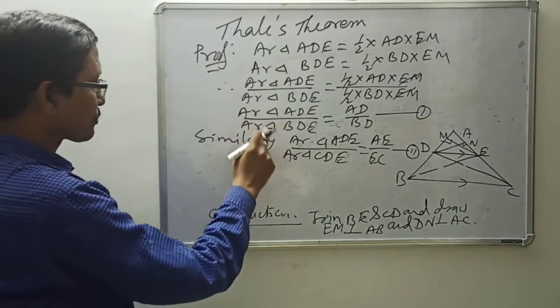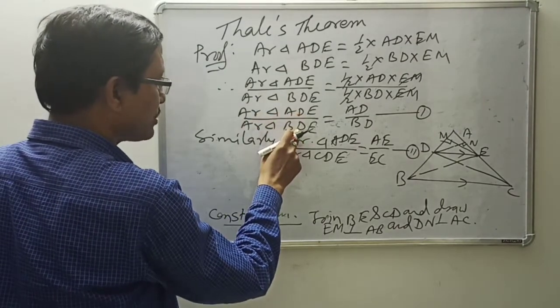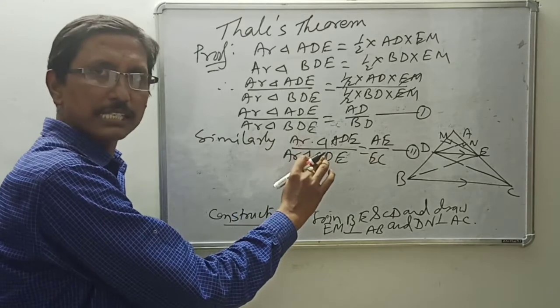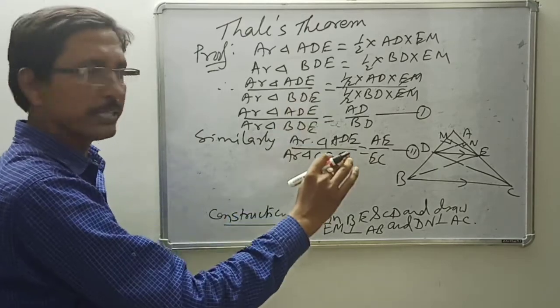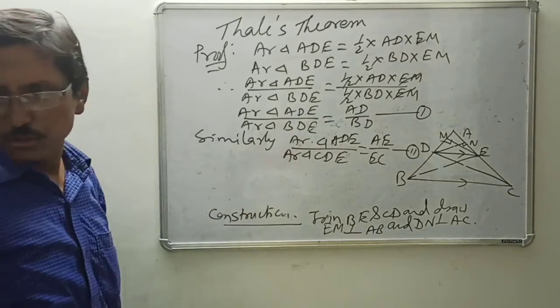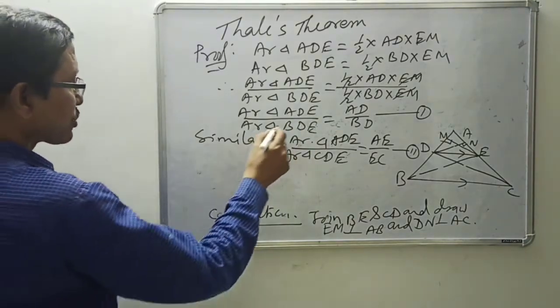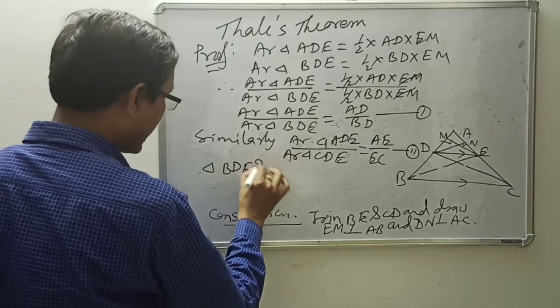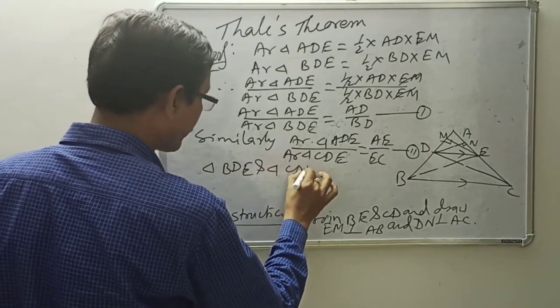So see the left side: area of ADE by area of BDE, area of ADE by area of CDE. The numerator is the same, so they will be equal if the denominators become equal. In the denominator we have triangle BDE and triangle CDE.